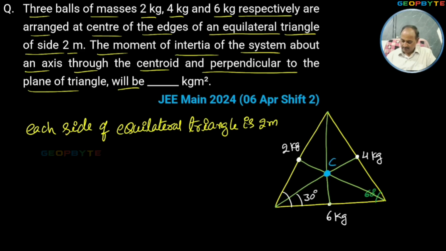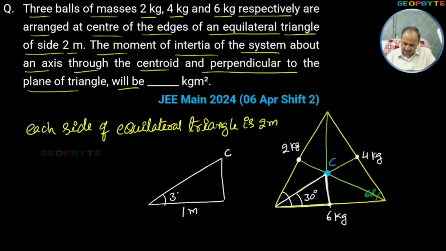Now, what you do is construct a right angle triangle like this. For this right angle triangle, this is the center of mass. So this distance equals 1 meter.